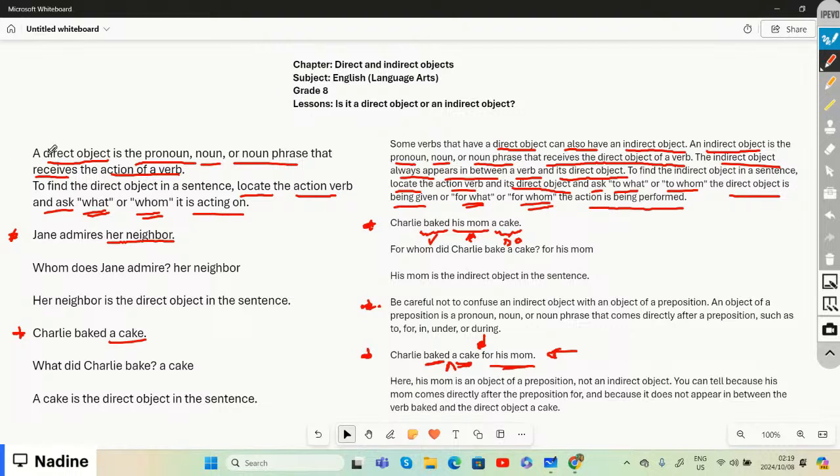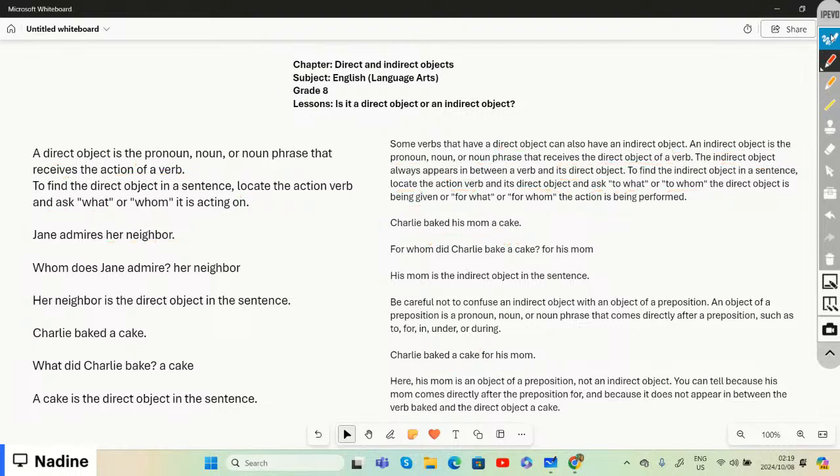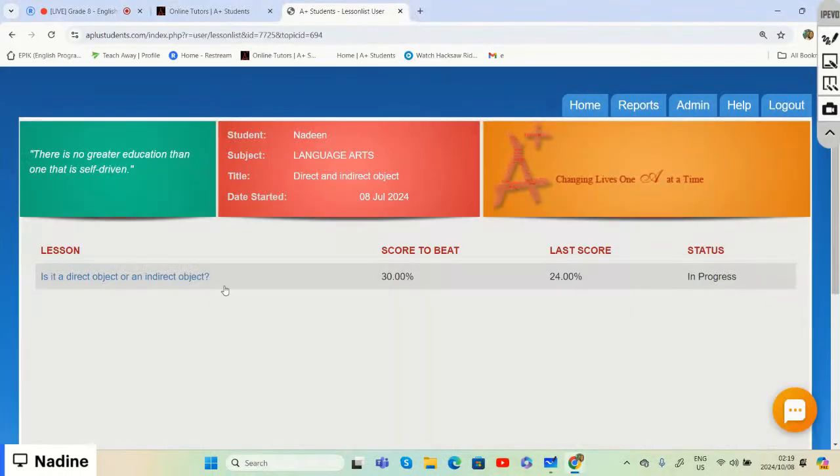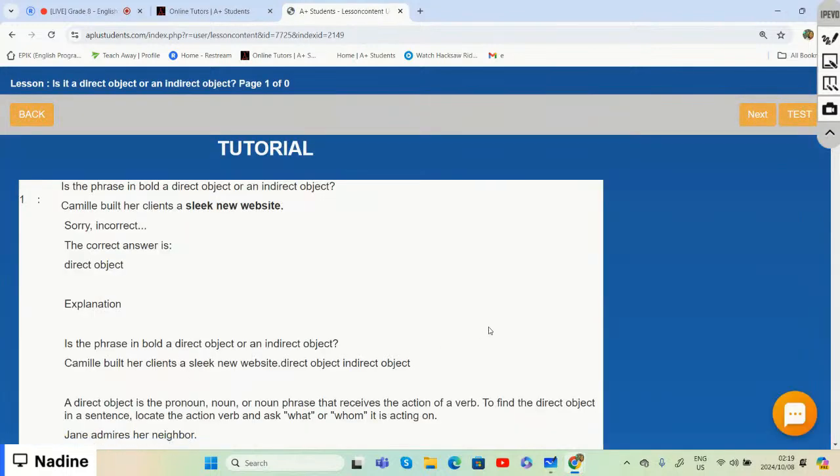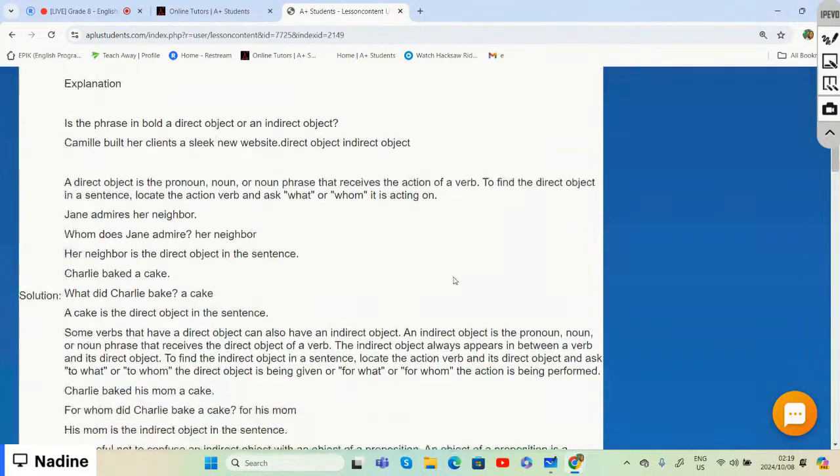All right, so now we're going to aplusstudents.ca, and we're just going to go over what a direct and indirect object is again, and then we're going to our test. We need to say whether it is a direct object or an indirect object. Once again, a direct object is a pronoun, a noun, or a noun phrase that receives the action of the verb.